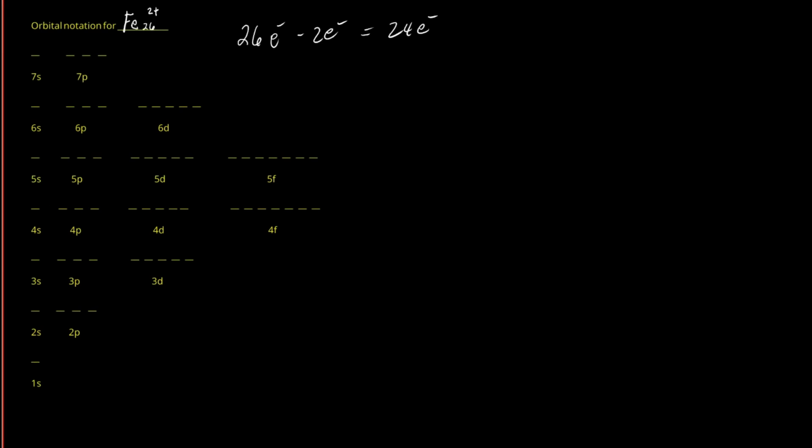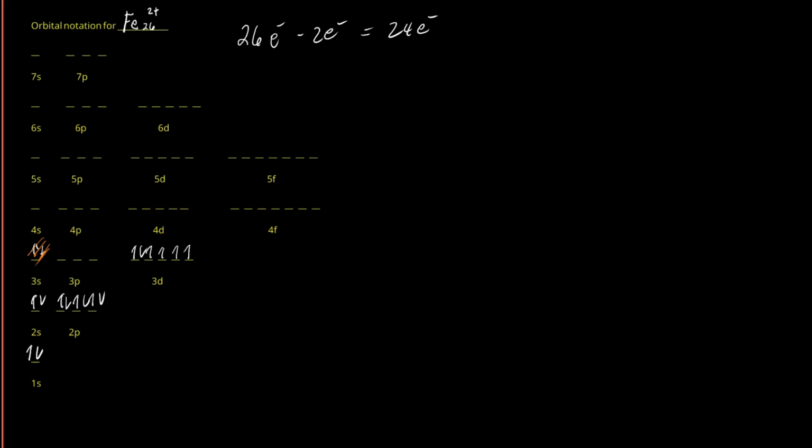So which electrons does it lose? Does it lose the S's or does it lose the D's? Okay, let me show you. So I'm going through filling in each of these orbitals with its proper number of electrons. So I got my 4s. All right. So which electrons does it lose? Well, it's going to lose these electrons here.